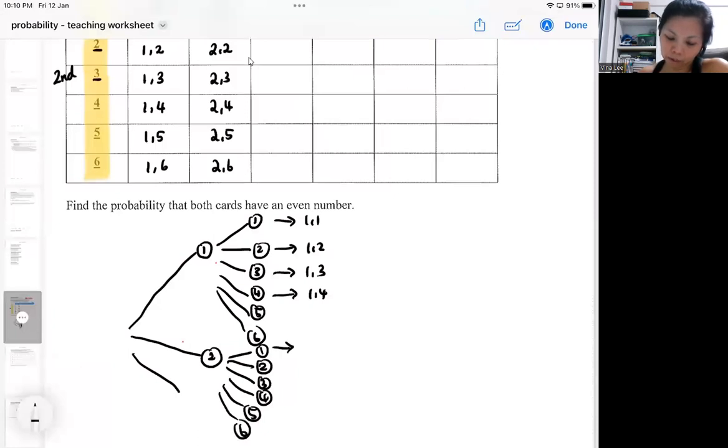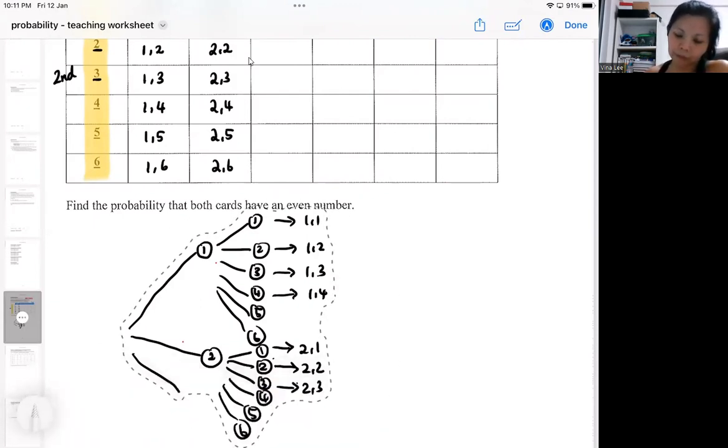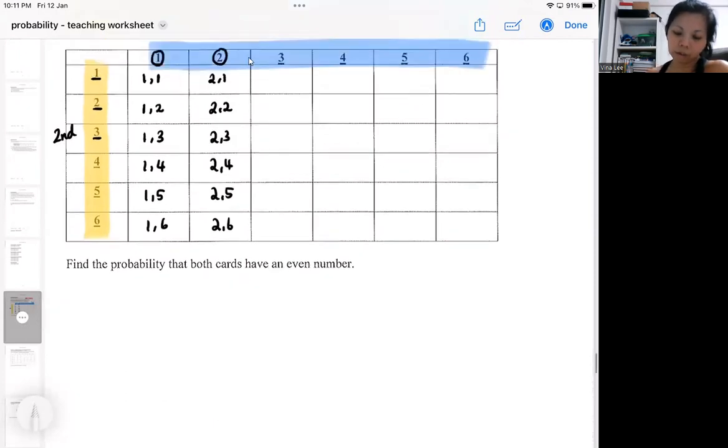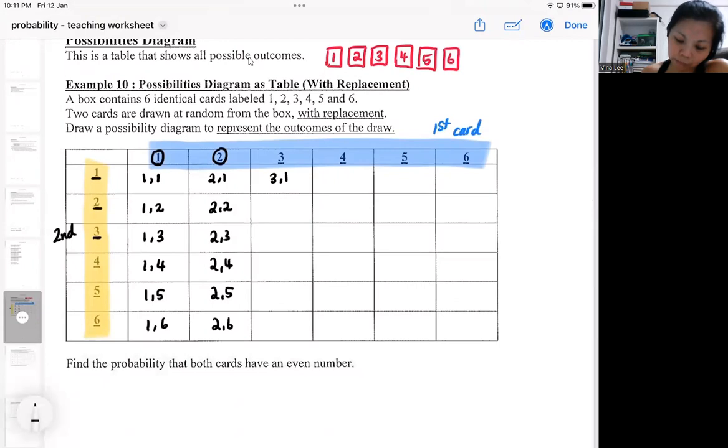If I do it this way, it will be 2, 1, 2, 2, 2, 3. Essentially, I'm doing it like a tree diagram, but I organize it in a table format. If you continue, this will be all the possible outcomes. In a way, the possible outcomes are your sample space as well.